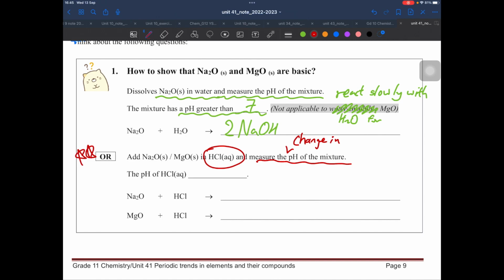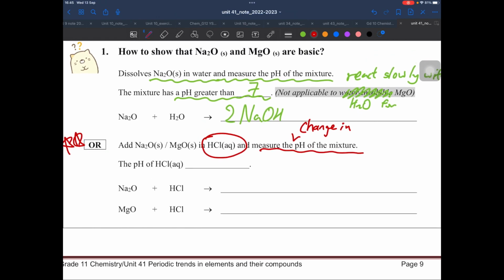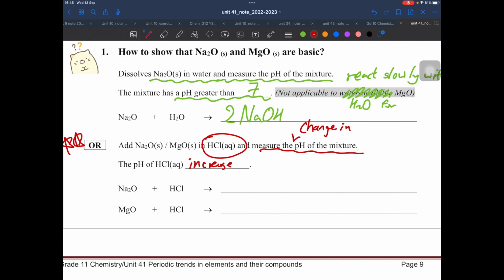Okay, then if the metal oxide is really basic, the pH value of the hydrochloric acid should increase because some hydrogen ions are gone.